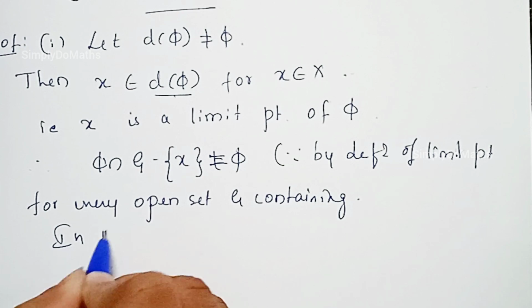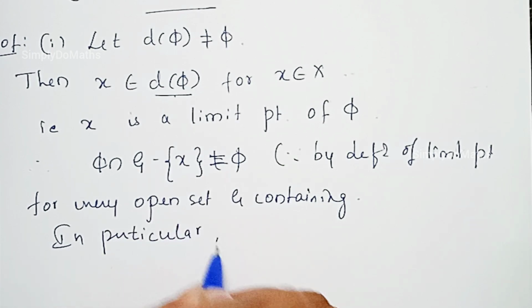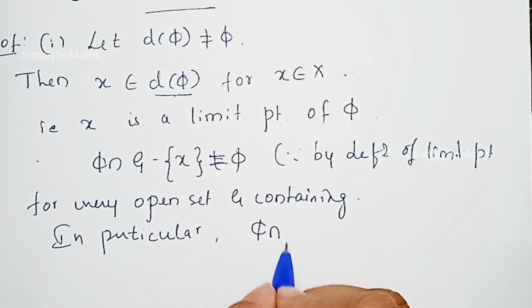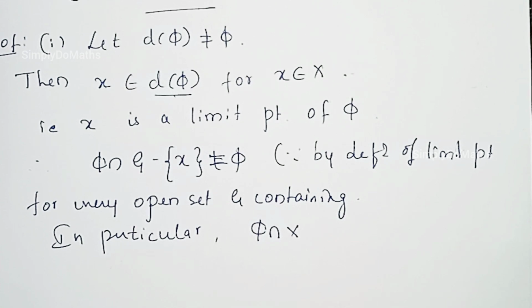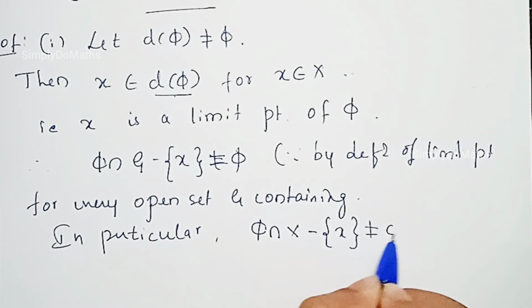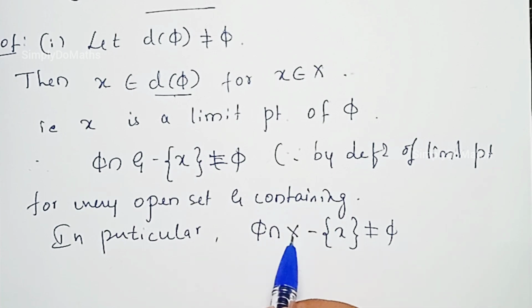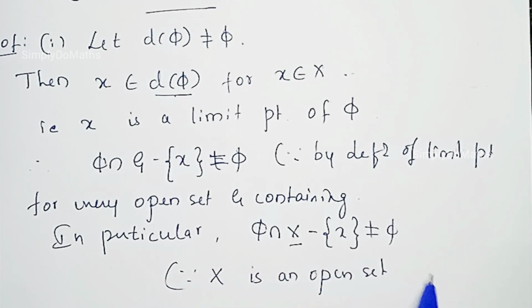In particular, empty intersection an open set, say X minus the singleton set {x}, is not equal to empty. See here, I am considering one open set X, because X is an open set containing x.